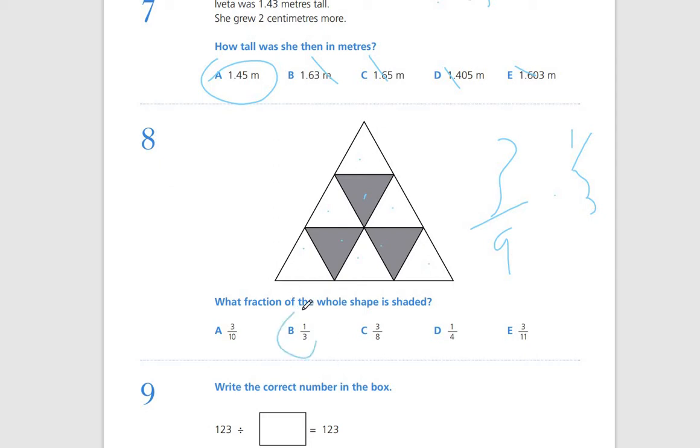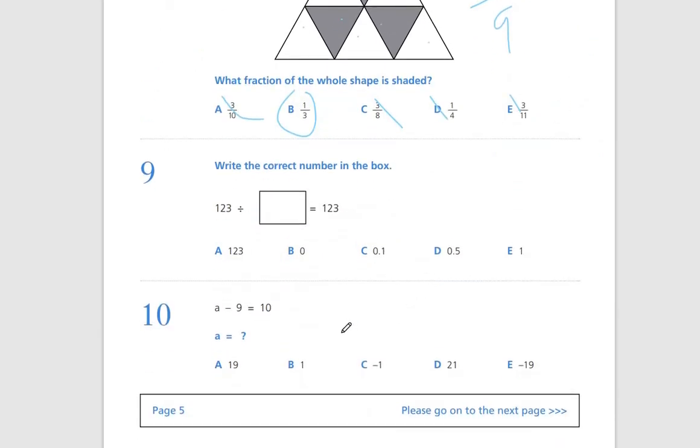Which would be C. Okay, 123 divided by 1 is 123. Well, if we divide 123 by 123, you get 1 in each circle if you were going to do circles or pencils, or 123 pencils divided in pots.